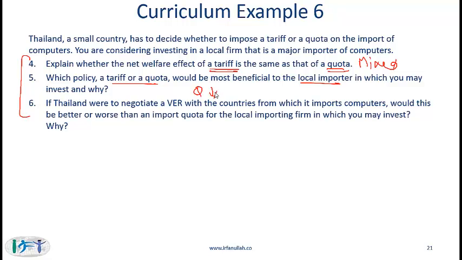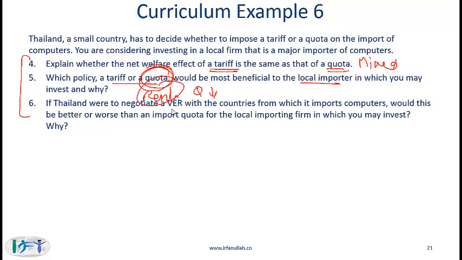So overall this will hurt the local importer. On the other hand, if there is a quota, then whether or not the importer benefits depends on whether the importer can capture any of that quota rent. If the importer can capture some of this quota rent, then the importer will be better off with a quota.